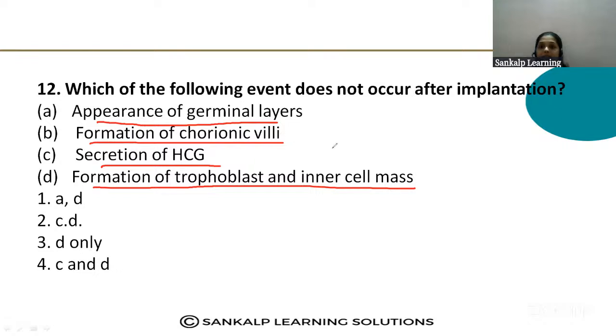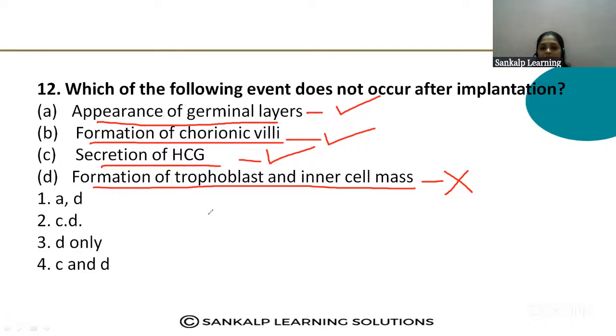Here, after the implantation, appearance of the germinal layers, yes, that occurs. Ectoderm, endoderm and mesoderm occur after the implantation, and chorionic villi also form. HCG is also released after the implantation. But option D, formation of the trophoblast and inner cell mass, does not take place after the implantation.